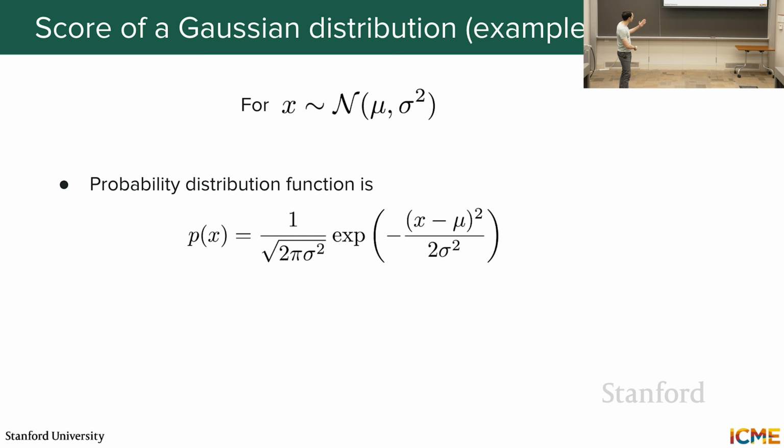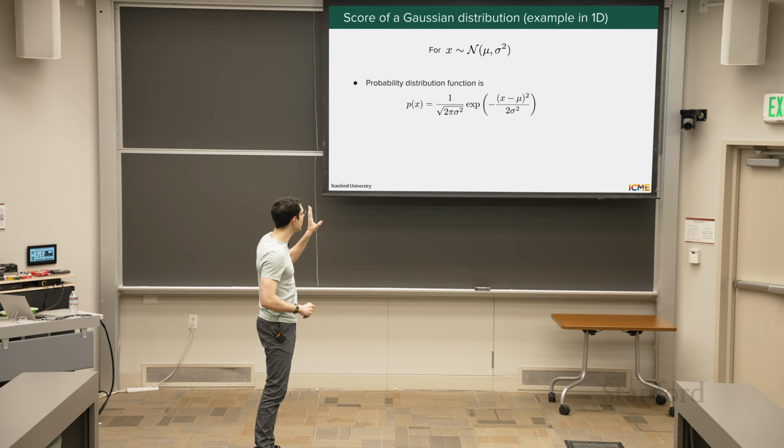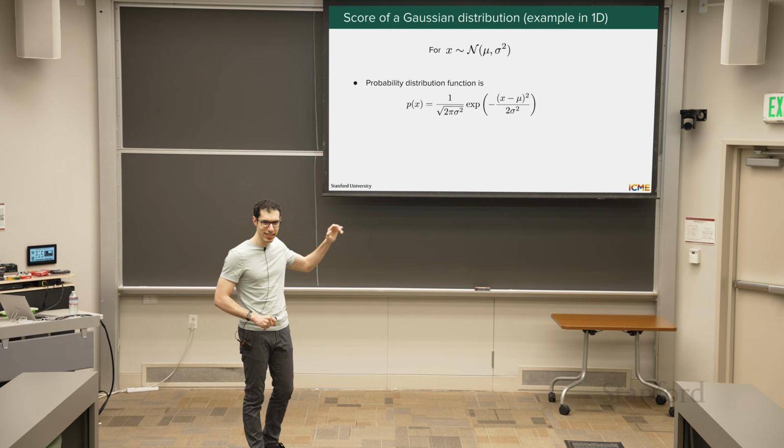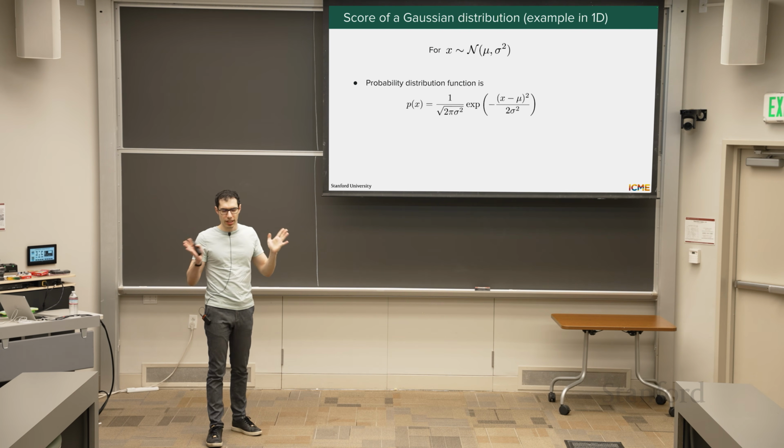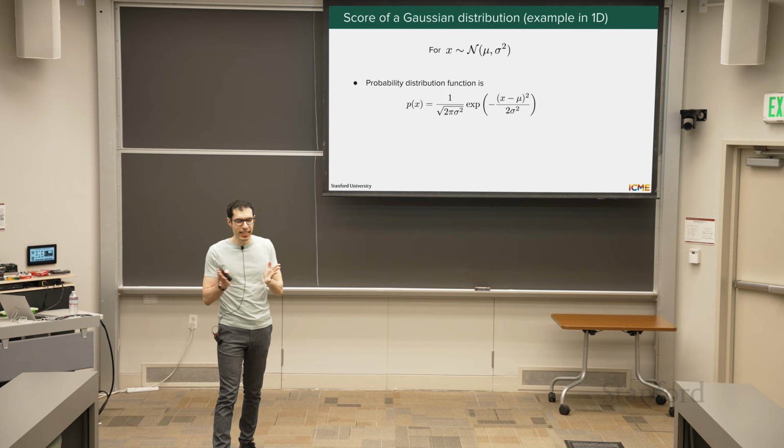Let's assume that we have a random variable x drawn from a normal distribution of mean mu and variance sigma squared. I'm taking an example in 1D just so that it's easier. The probability density function is given by this formula, which is analytically explicit.